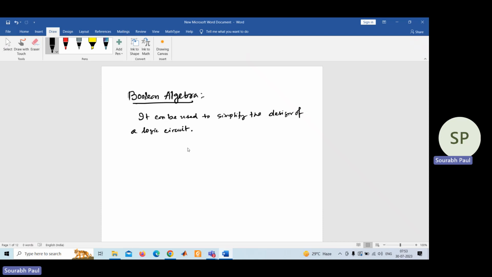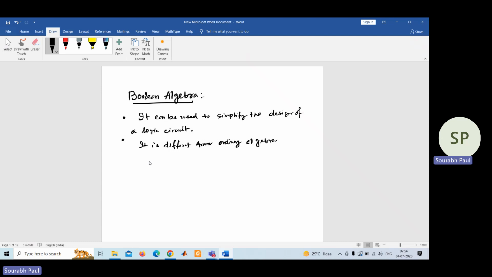And let me tell you, Boolean algebra is different from ordinary algebra. What does it mean?